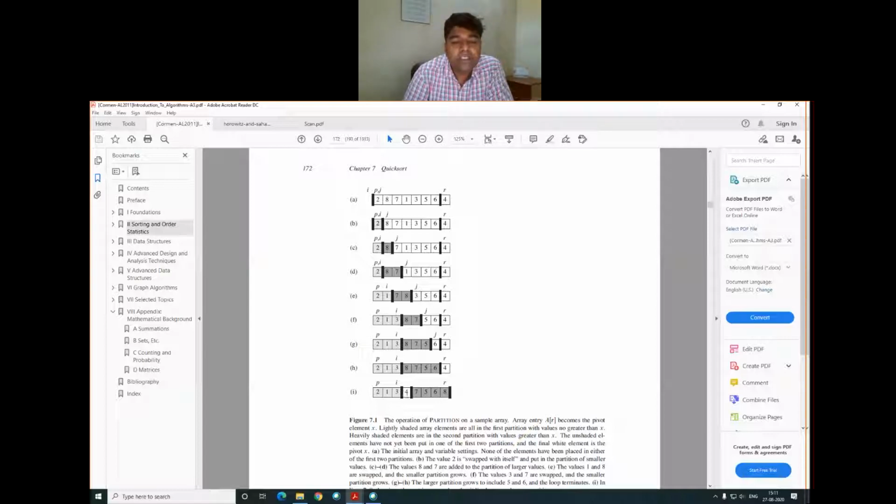Here we can see that on the left side all the elements are less than 4, not sorted, and on the right side all the elements are greater than 4, but not sorted. So the partition algorithm function is basically used to place the pivot point at its actual position, and then we apply the quicksort algorithm again to the left sub-array and right sub-array recursively.